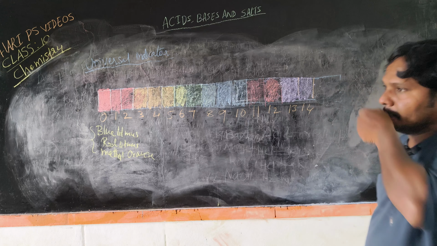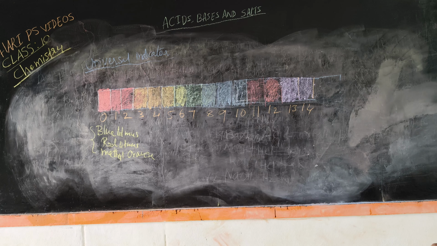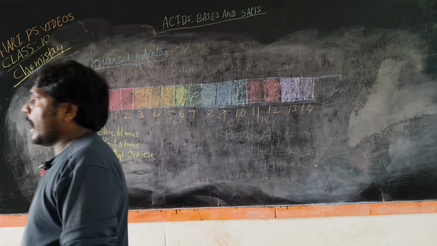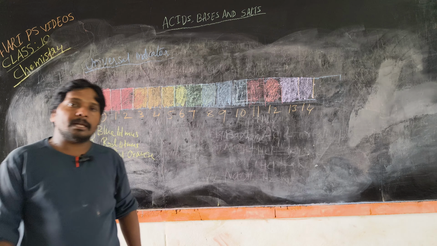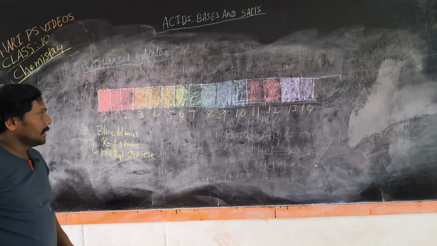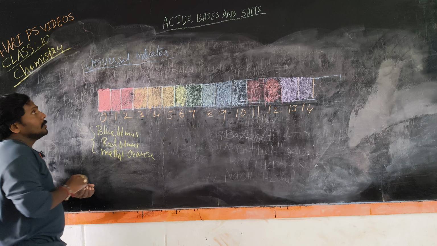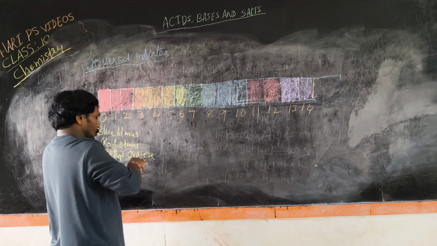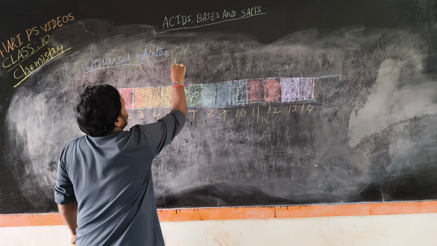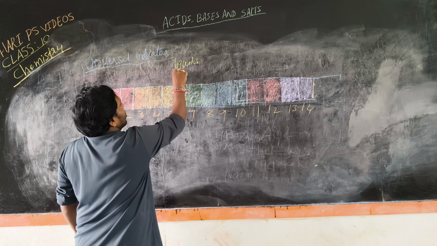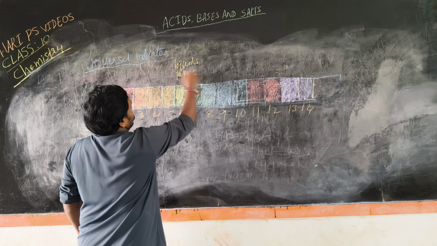Based on the color, based on the number, we can identify whether the substance is a strong acid or a strong base. Like litmus, universal indicator is also available in the form of liquids and in the form of papers.